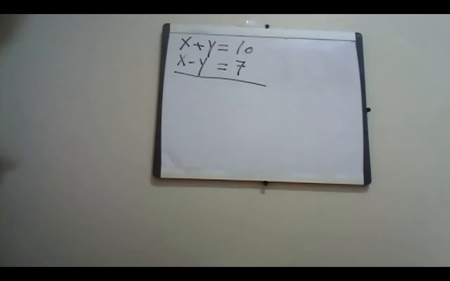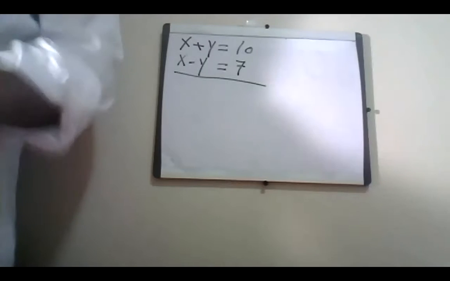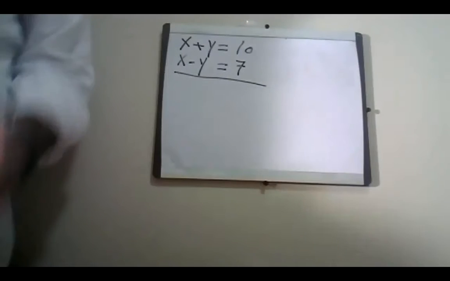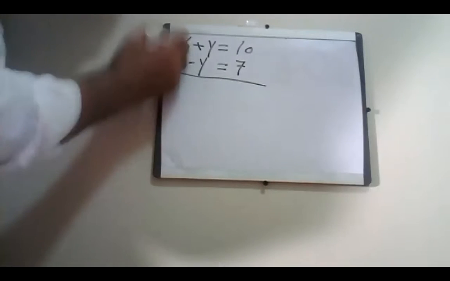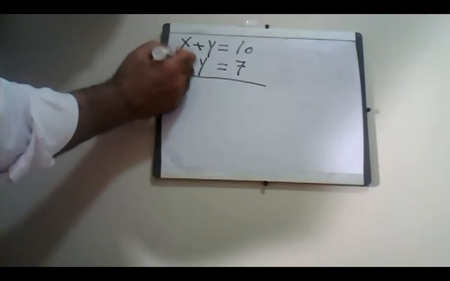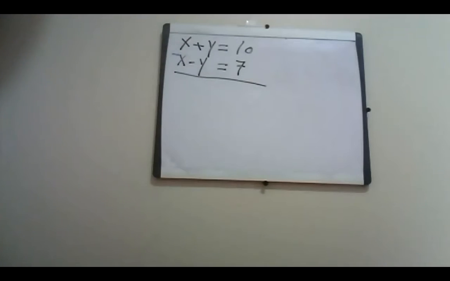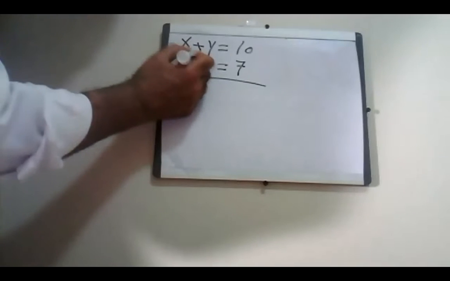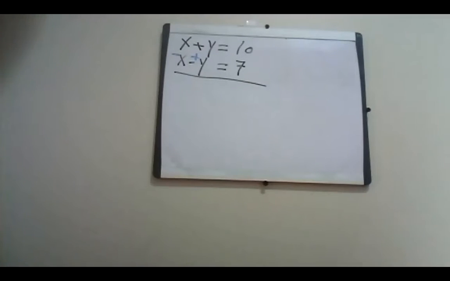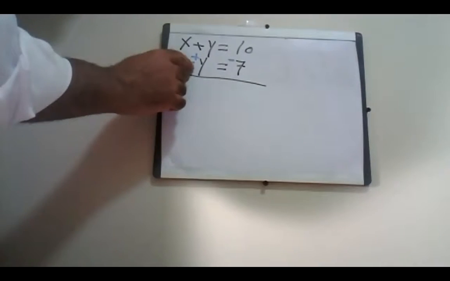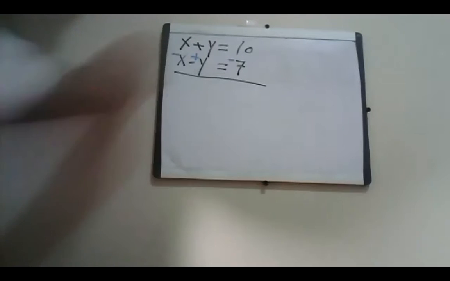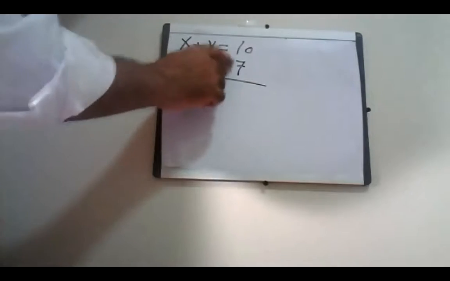So what we will do here, you can imagine now that I will subtract them from each other. When I subtract the second one from the first one, the positive will become negative, and the negative will become positive, and this positive will become negative. When you multiply negative by negative, it gives you positive, and positive by negative, negative.